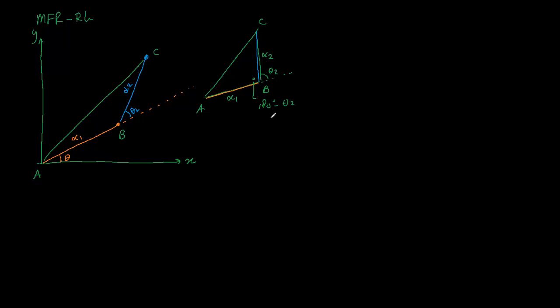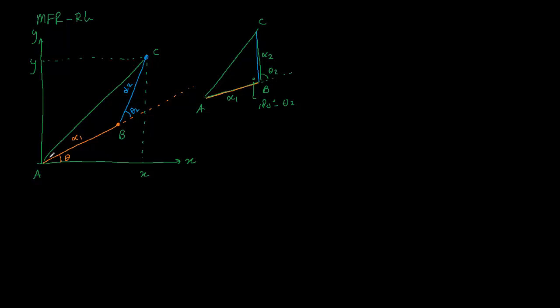Can we calculate the distance from A to C? Yes, because what is known is the end position of the robot arm in coordinates X and Y. That's the idea: we know the end position, and calculate back what the two angles are.